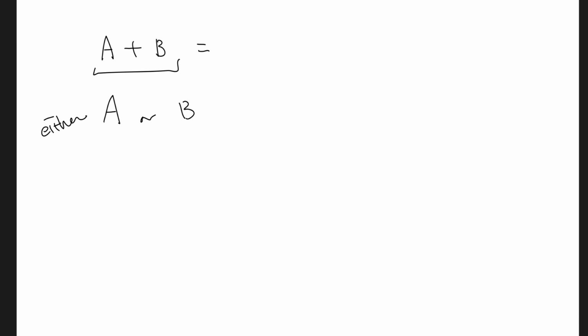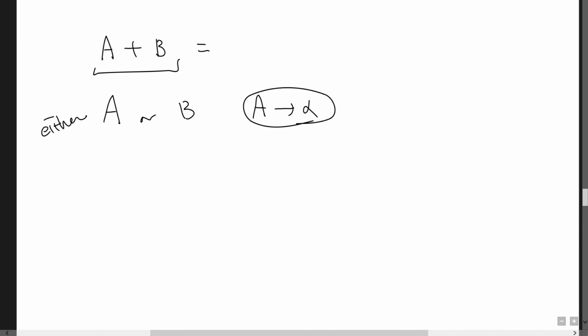So the only way to make use of this value is you give me a function of type a arrow alpha, which specifies how to consume a value of type a, in the case that what you have is indeed a value of type a. But that's not enough because you may happen to have a value of type b.